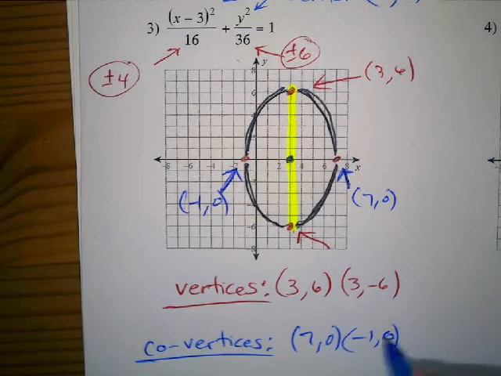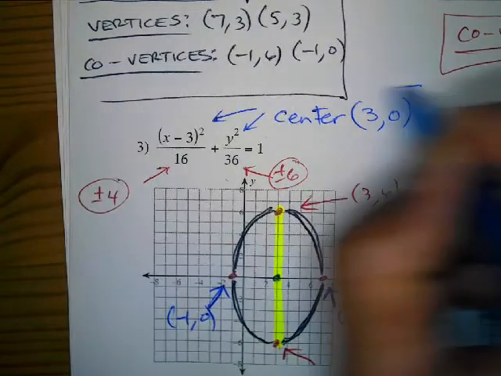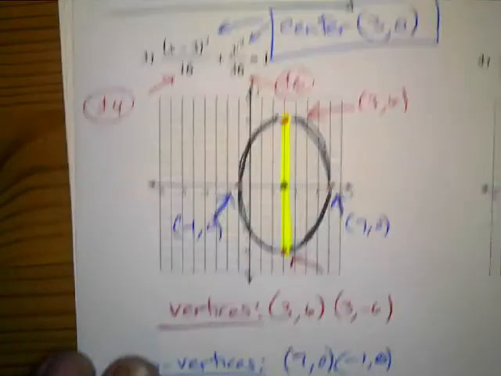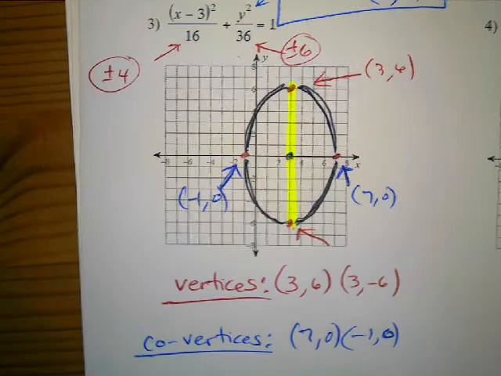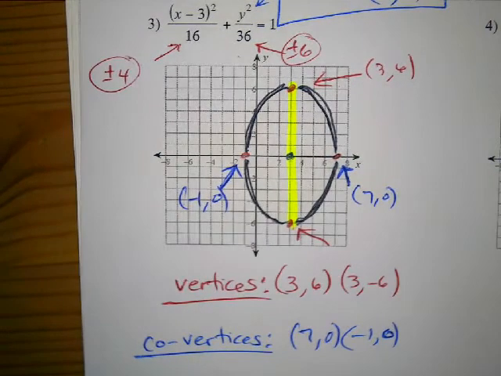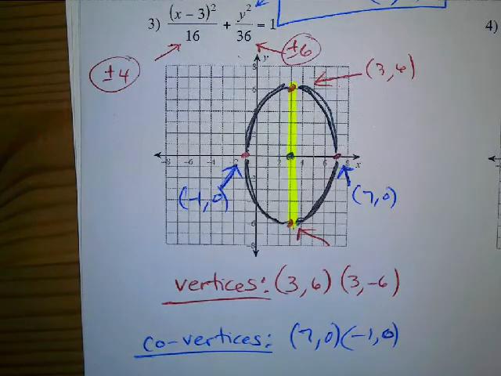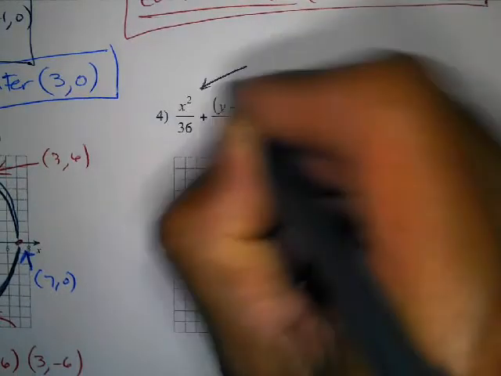And this one is -1, 0. Too easy peasy. That's it. We did it all. We labeled the center, which I'm going to box here. We graphed it, everything off the center. And then we're able to provide the vertices and the co-vertices. Too easy, guys.